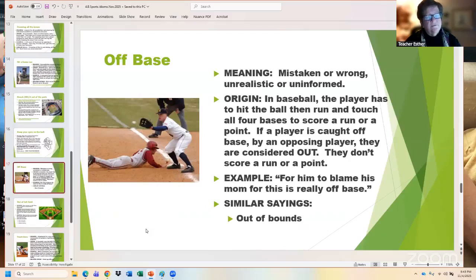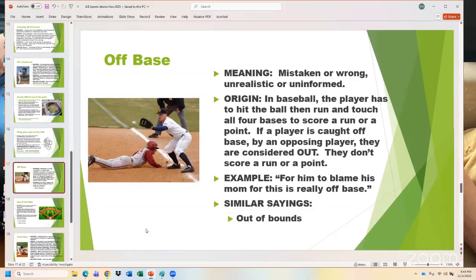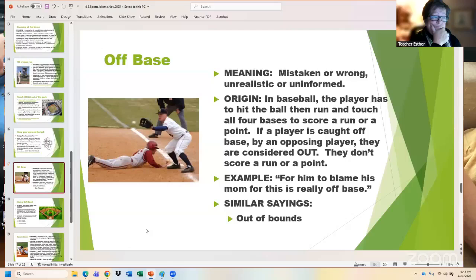Off base. Yes, teacher. Off base, meaning mistaken or wrong, and unrealistic. The ball then run into or full base to score a run or a point.